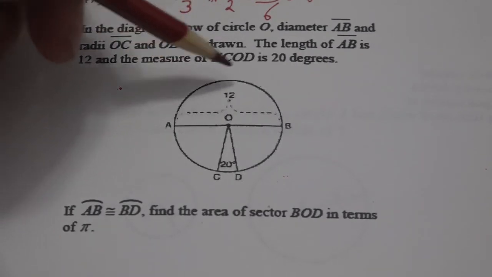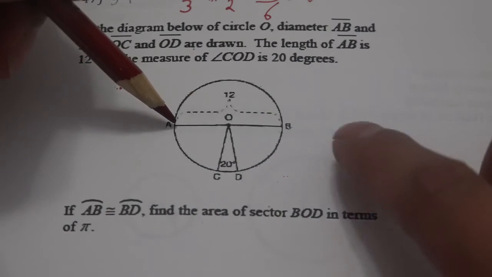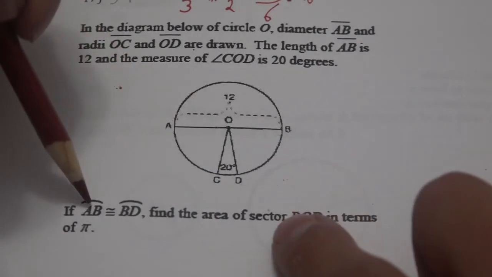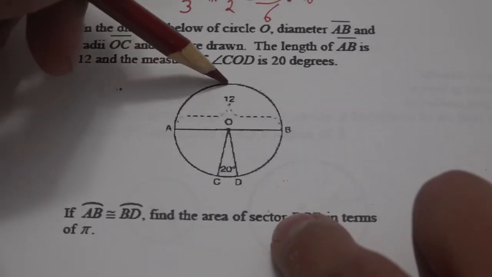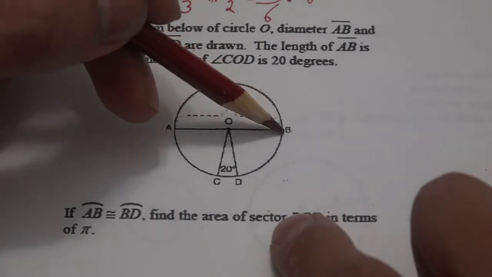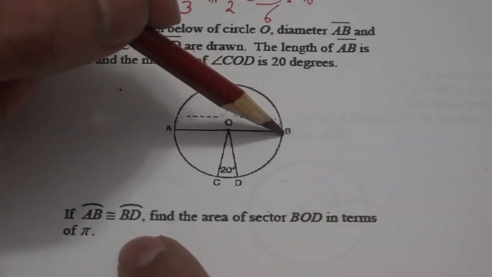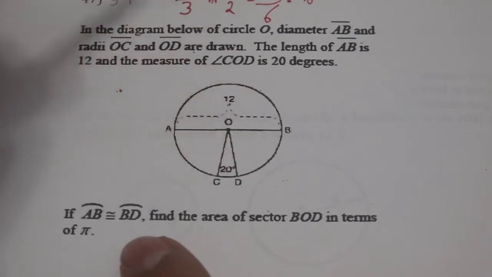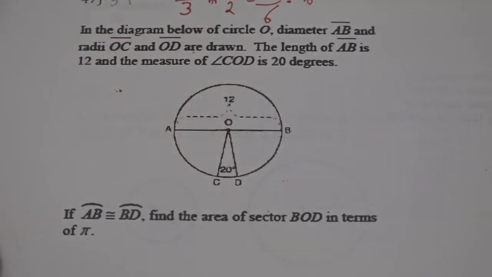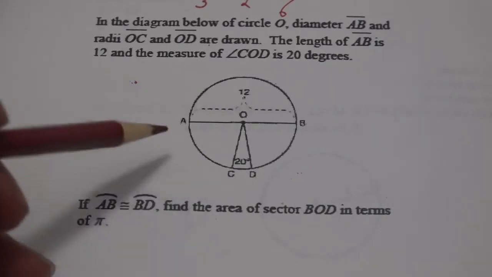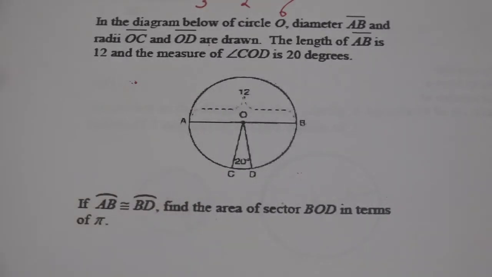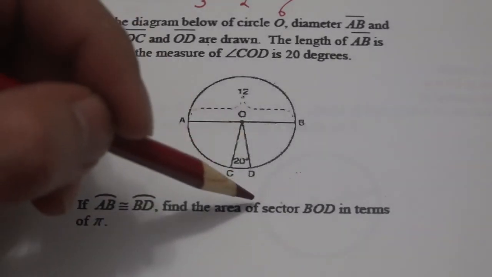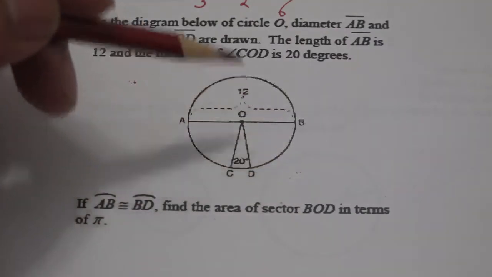If arc AB is congruent to arc BD, I think they made a mistake. I don't think it's that. I think they meant arc AC. But anyway, let's do this. Find the area of sector BOD in terms of pi.